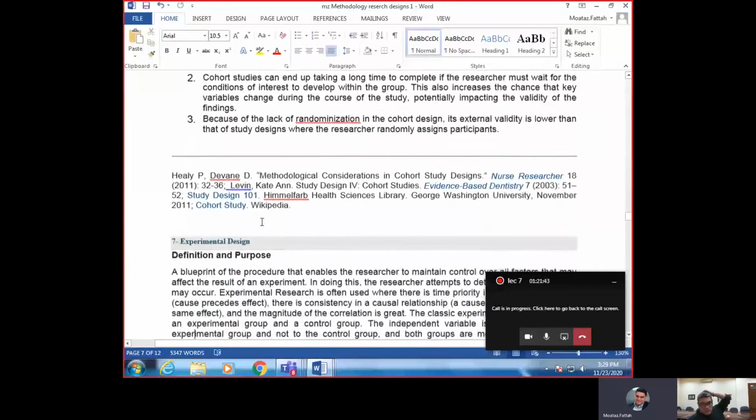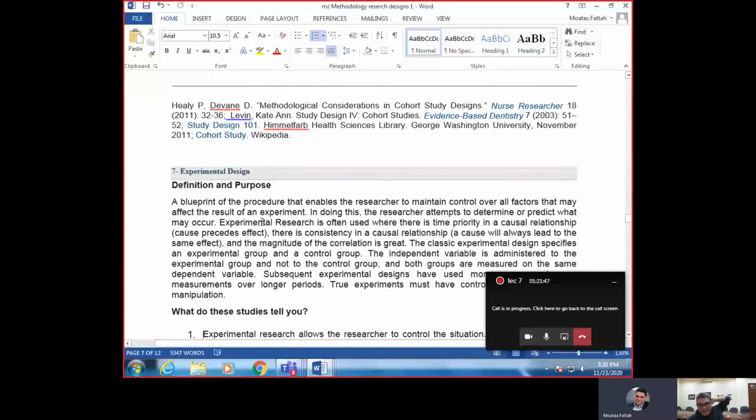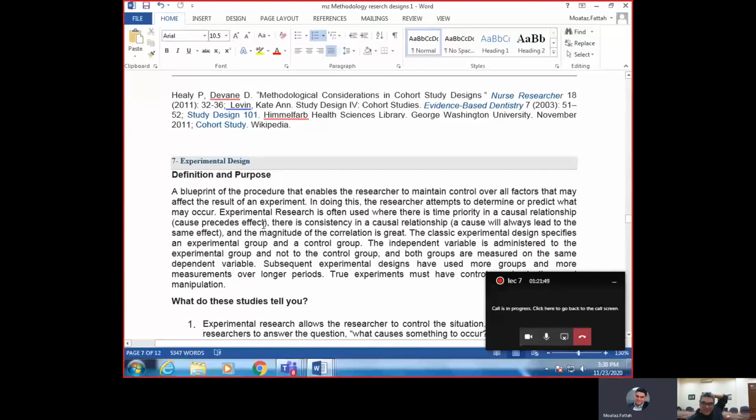Experimental design, which I put after the cohort design because they are very much related. Here you intervene. I'm going to show you a blueprint of the procedure that enables the researcher to maintain control over all factors that may affect the result of an experiment. In doing so, the researcher attempts to determine or predict what might occur.